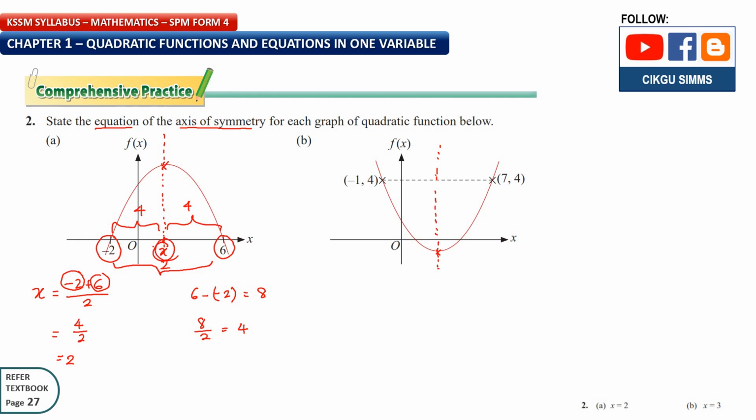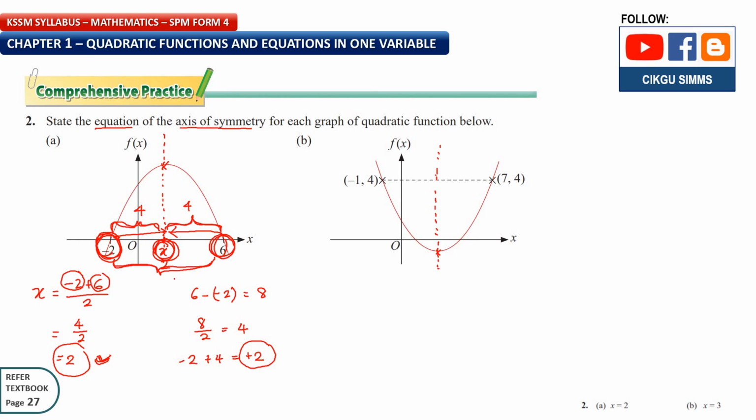To find the value of x, you can use 6 minus 4, or you can use -2 plus 4. Okay, so I can use -2 plus 4. So I get 2, which is the same value as finding the average. Of course finding the average is straightforward, but if you forget, you can always find this length and then divide it by 2, because the left side is equal to the right side.